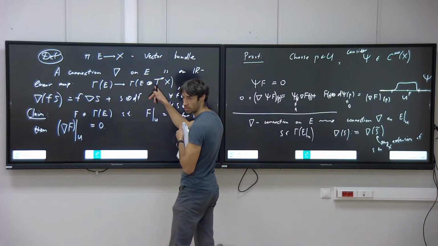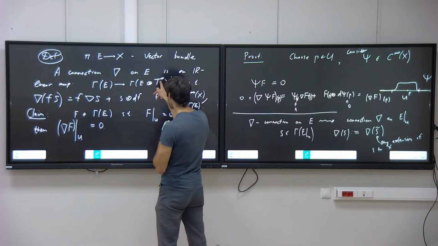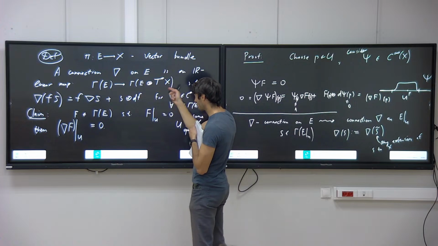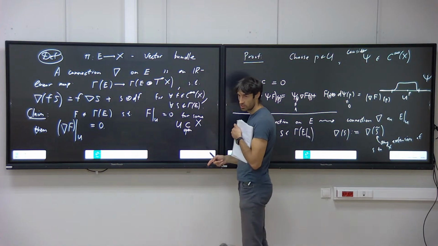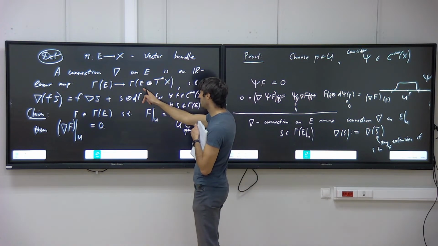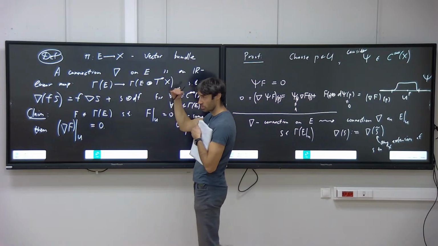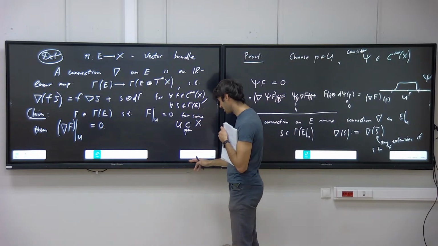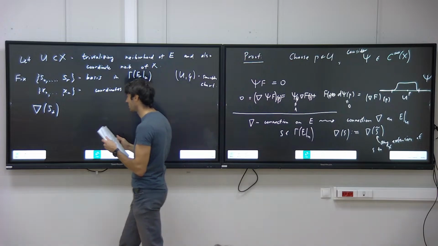Inside here, right? This is also trivial, because E is trivial and T star of X is trivial since we fixed coordinates. We have the basis dx_i, right?